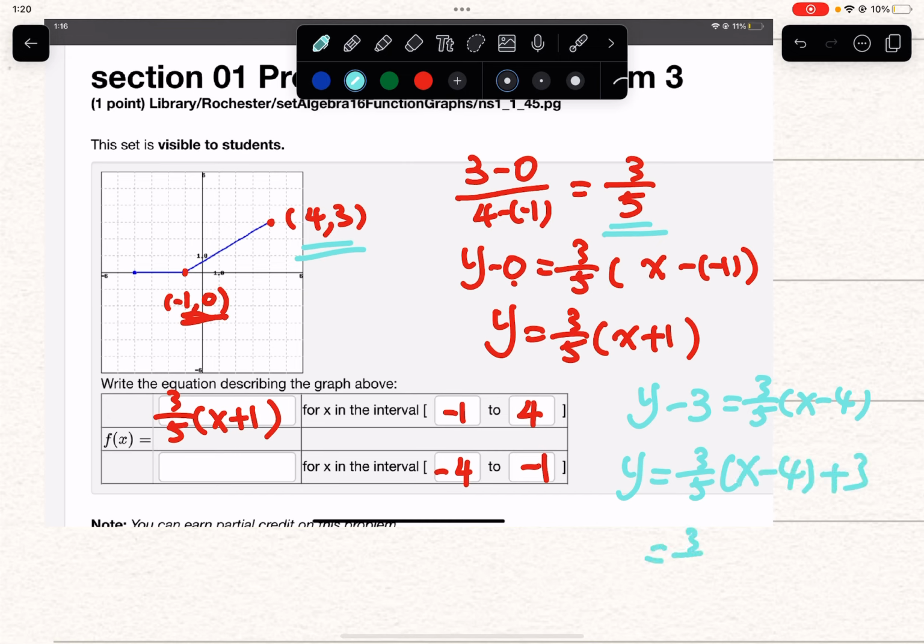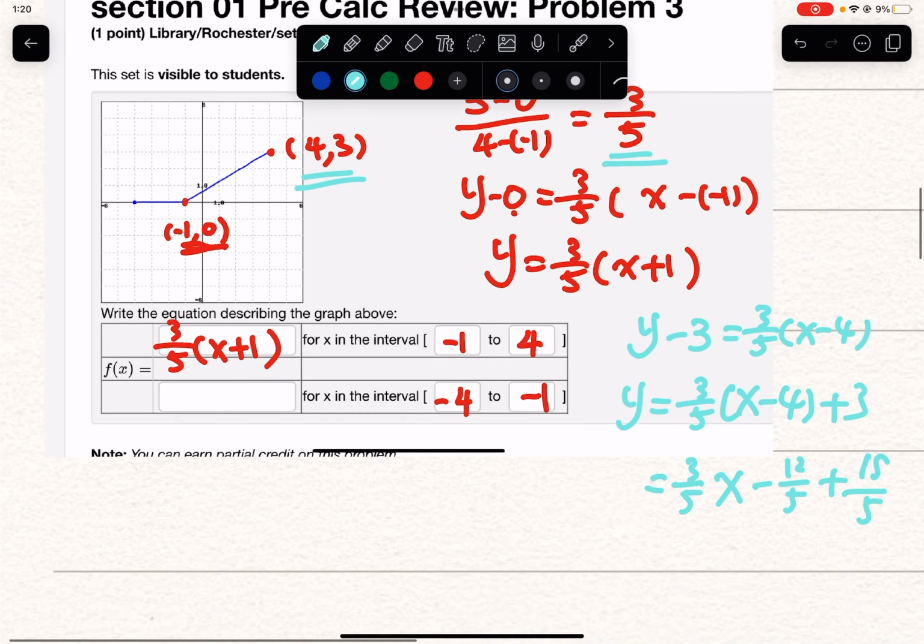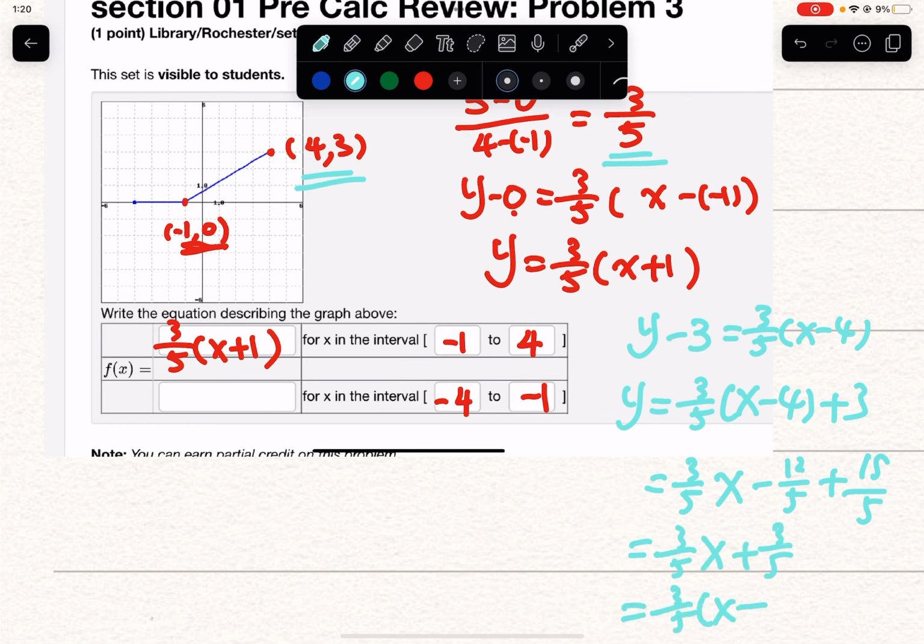You can simplify this if you want, but it's guaranteed you are going to end up with 3/5 x minus 12 over 5 plus 15 over 5, because 15 over 5 is 3, so you end up with 3 over 5x plus 3 over 5, which is 3 over 5x plus 1.